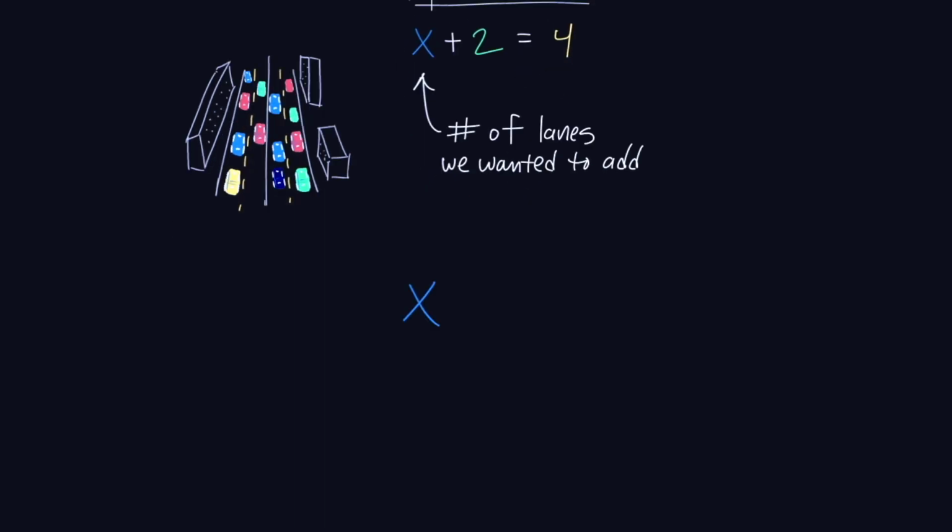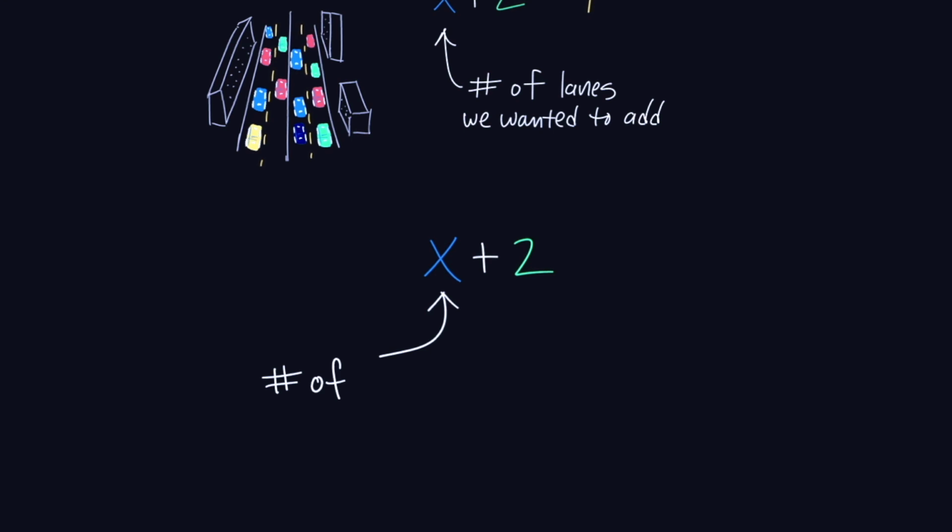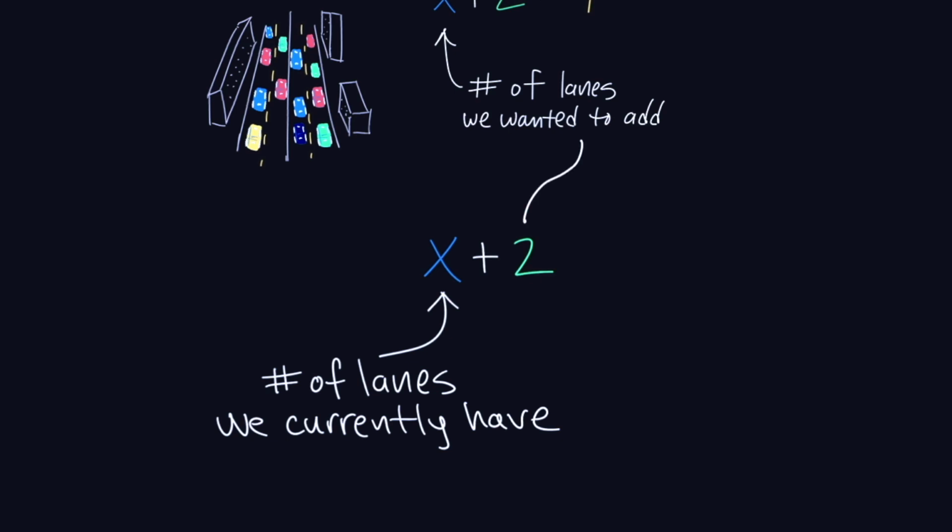This time, I'm going to have x equal the number of lanes that we currently have. And let's say in this small town that in the suburban areas, there's only one lane of traffic going either way, and then in downtown there's 2 lanes going one direction, 2 lanes going the other direction. And this 2 represents the number of lanes that we want to add. So similar to our x before.